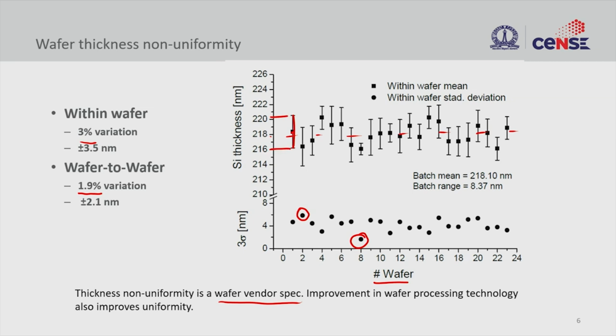So if the thickness variation is 4 nanometer, you should make sure your design can accommodate this 4 nanometer variation, because you don't know where this device is going to sit on the wafer. Whether my device will sit on the part which is 218 nanometer or it is going to sit on 220 nanometer, so there is a 2 nanometer variation already. Whether you will be able to support this sort of variation or not is a critical question that one needs to answer.